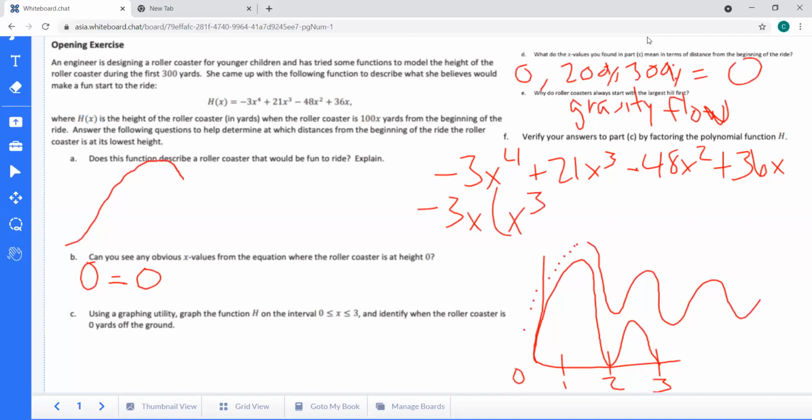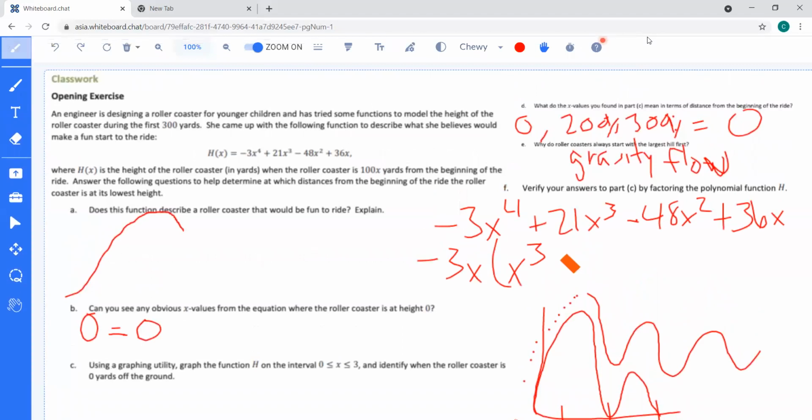Leave this with x cubed, actually that's going to be a minus 7x squared plus 16x minus 12. Okay, so that's factored.